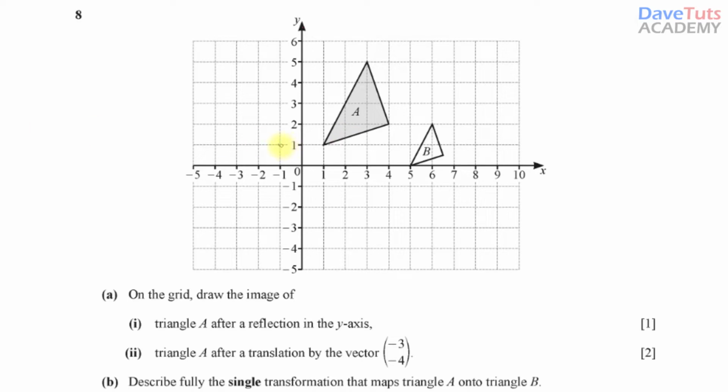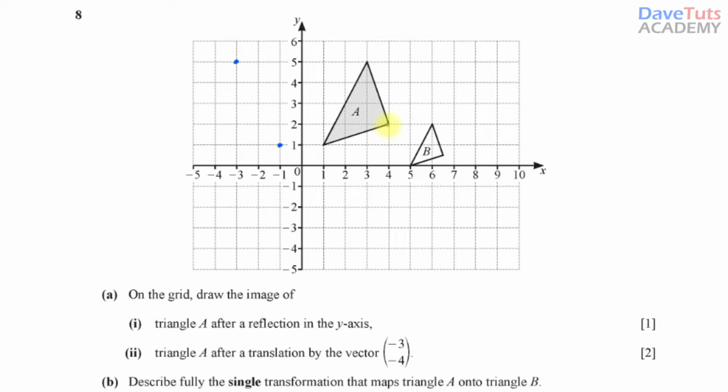Okay, so we have 1 point here, and then here it is 3 and 5. So since it's reflecting in the y-axis, that 5 will still be maintained, but 3 will now become minus 3. So we are having this particular point minus 3, 5. So we have this as this vertex.